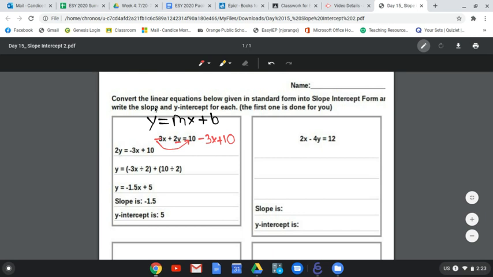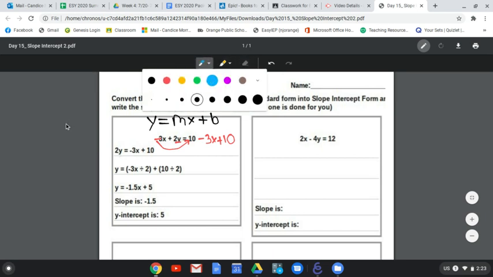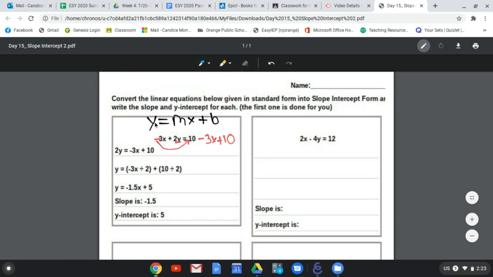But we're not done yet because we can't have 2y. We just have to have a plain y, right? Because in slope intercept, again, you cannot have a number next to it. So we have to get y by itself now. When you have a number right next to a variable, a letter that's representing a number, in this case the variable is y, the 2y represents multiplication.